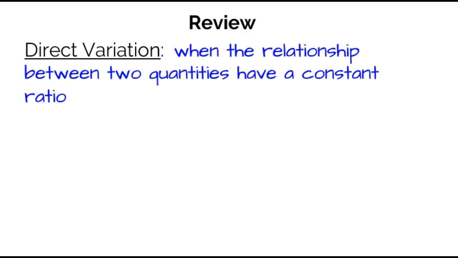Okay, we just went through a lot of new vocabulary, so I want to go through and review it with you. Direct variation. Direct variation is when the relationship between two quantities have a constant ratio. We also know this as proportionality.